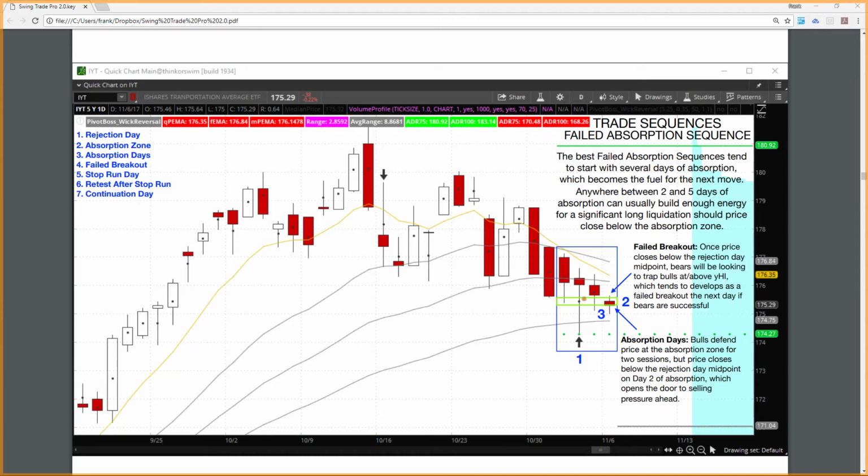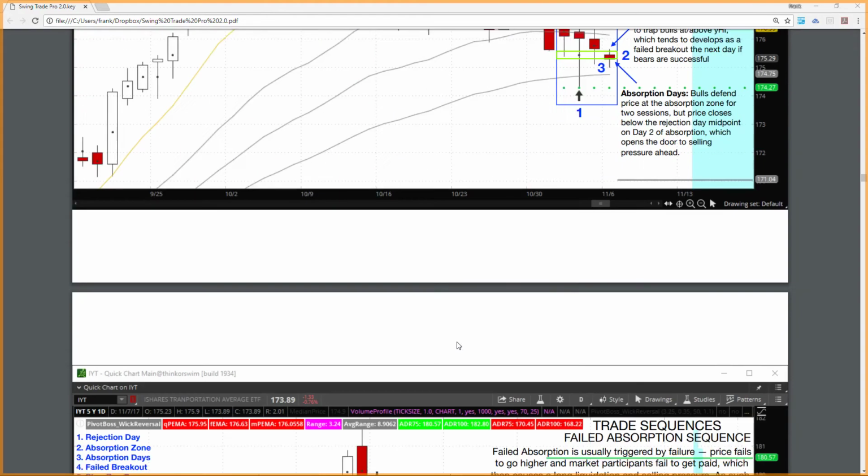So in this case, because it closed below the mid, everything looks bearish. Watch the prior day's high, because if the next day goes above that high and rejects, that could lead to a stop run right through the absorption zone. So you have to be able to anticipate a potential failed breakout the next day so that you're ahead of the pattern.